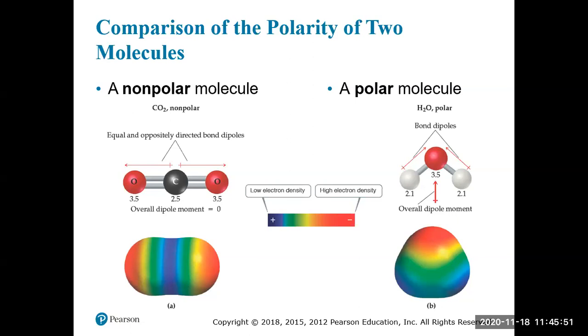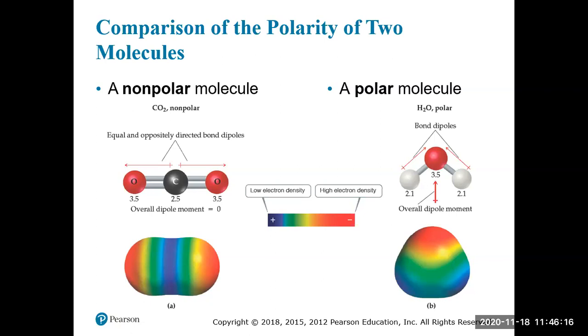We look at the color-coded electron density down at the bottom, and we see that, as we would expect, on that oxygen atom there's a higher electron density. There's less out on the hydrogens because of that difference in electronegativity.